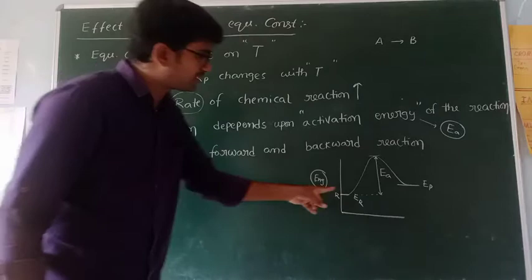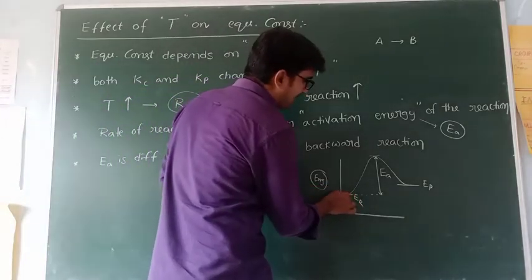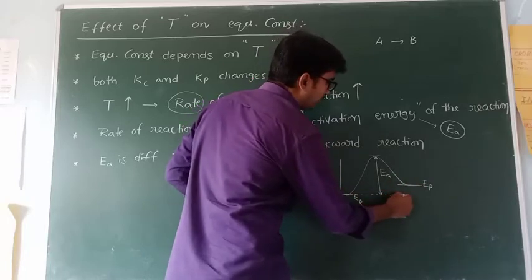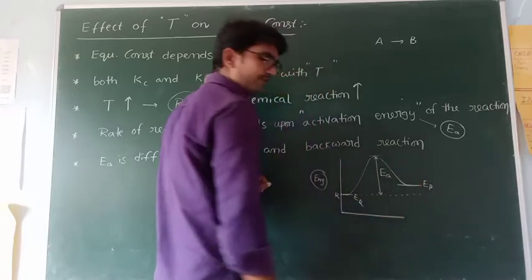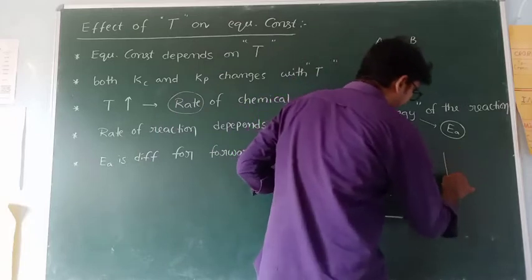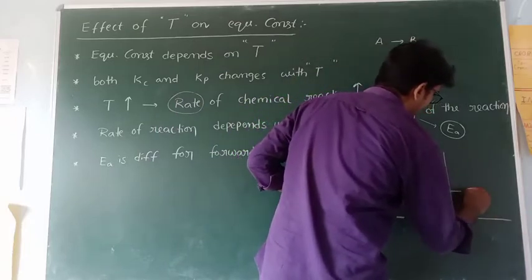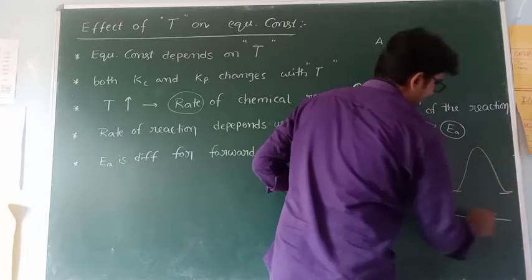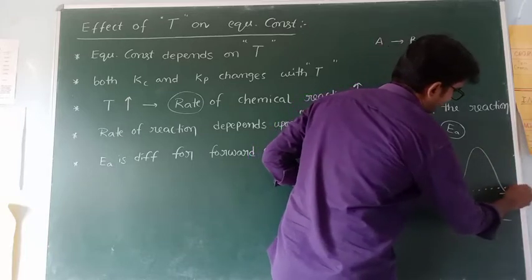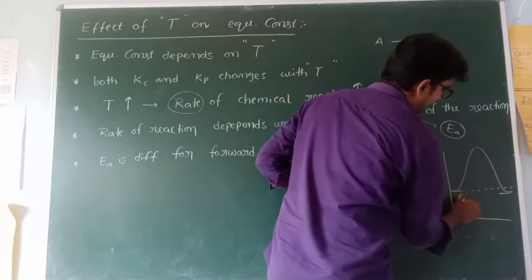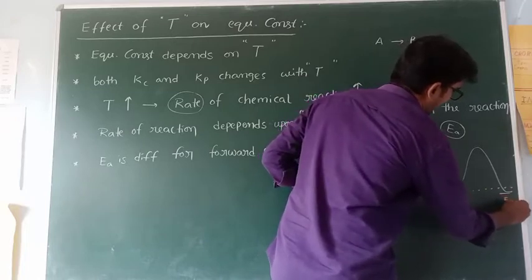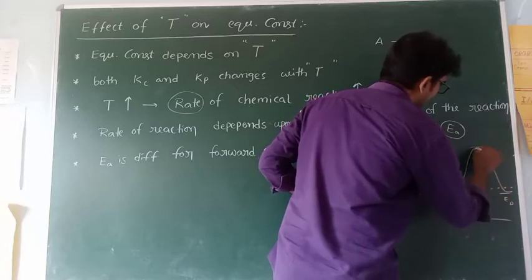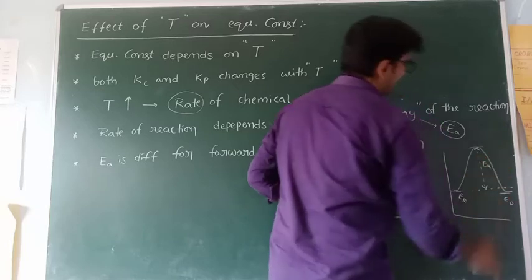But once you observe this graph, the energy of the reactants is very much less than the energy of the products. Comparing these two, the energy of the product is more. In some reactions, check it, the energy of the reactants is greater than the energy of the products, and this is the activation energy, EA.